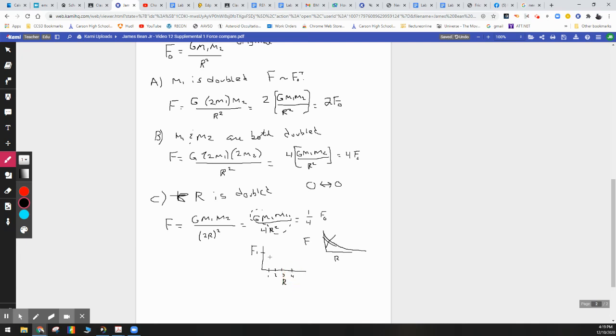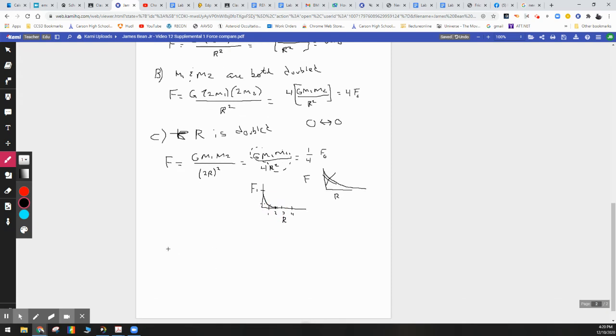So if I have 1, and then 2, so I'm doubling my distance, this has to come way down like this. That is an inverse square relationship. So if I double the distance, the force gets 1/4. It's 1/4, inverse square.